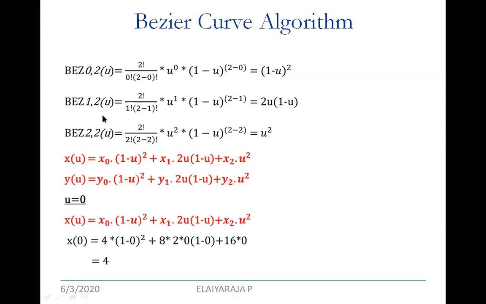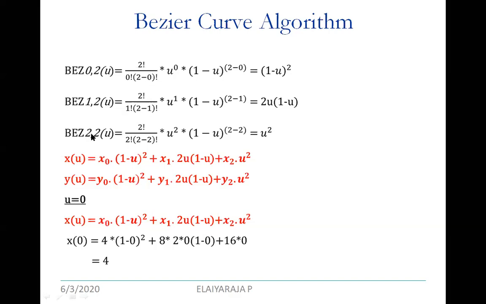Then for the next Bezier function B 1,2, k equal to 1 and n equal to 2, it is n factorial divided by k factorial times n minus k factorial, u power k multiplied with 1 minus u power n minus k. When you substitute k as 1 and n as 2, you get the final equation 2u times (1 minus u), right?